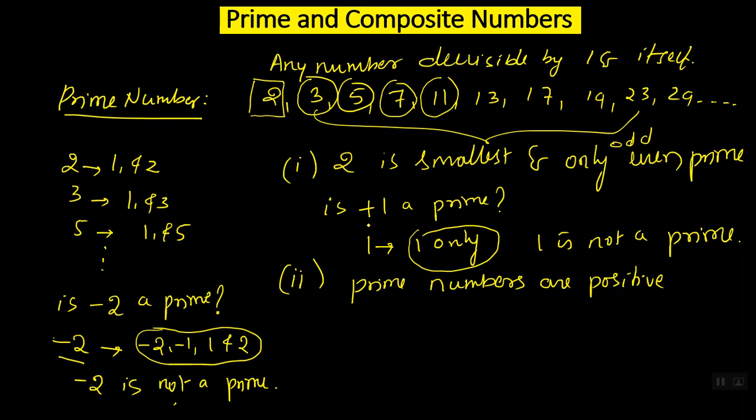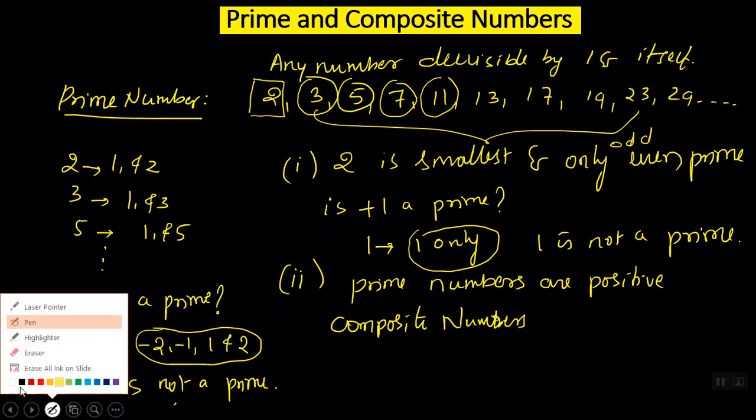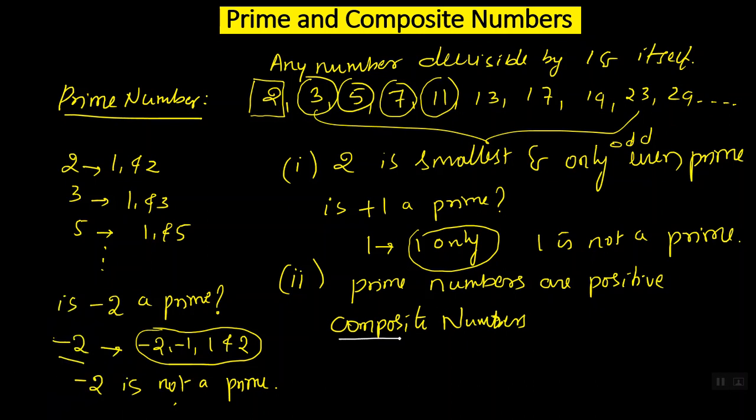Okay, right. Now what do you mean by composite numbers? The composite numbers are the numbers which have more than two factors.